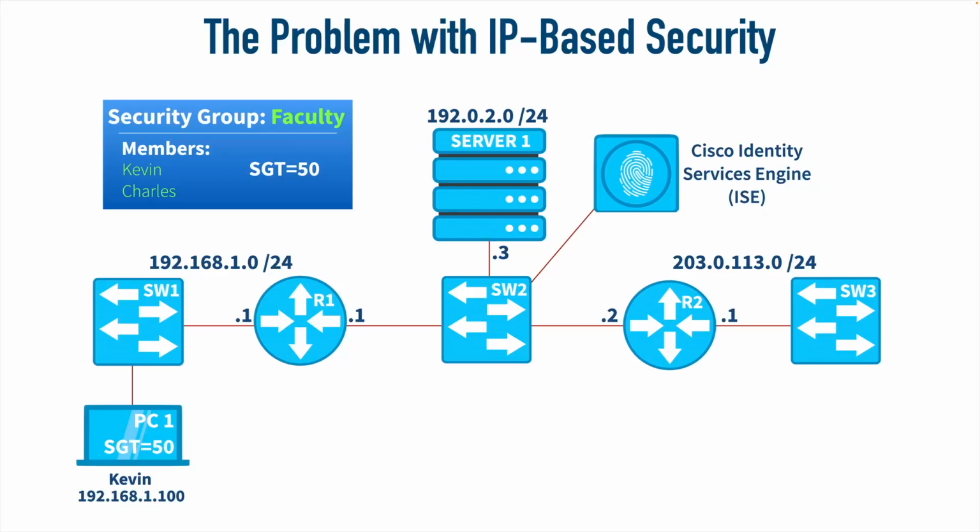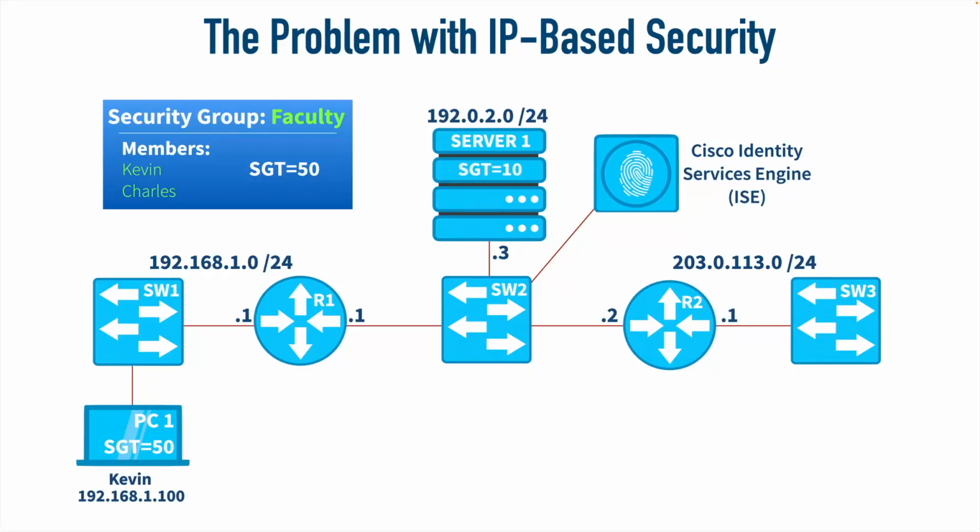There's a configuration that says everyone in this faculty security group is going to be assigned a security group tag, or SGT, of 50. So now that I've logged in, any traffic coming from my machine is going to be tagged with an SGT of 50, and maybe server 1 has an SGT of 10.